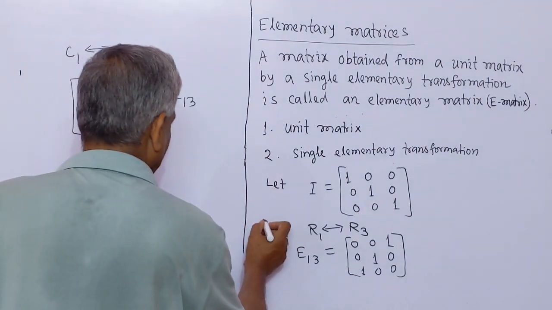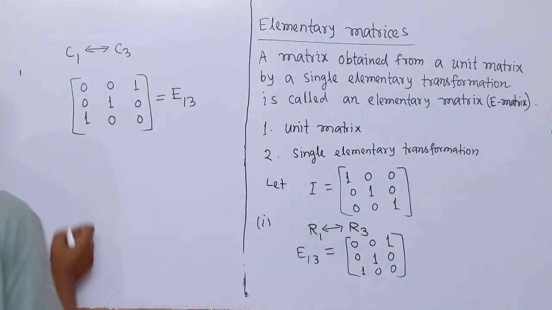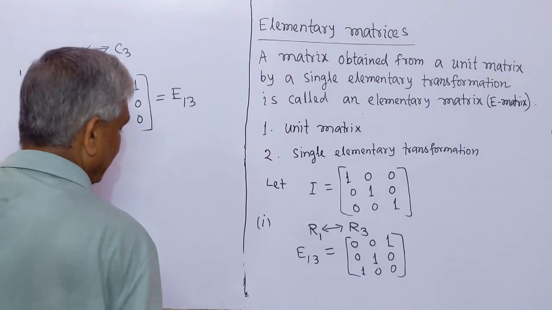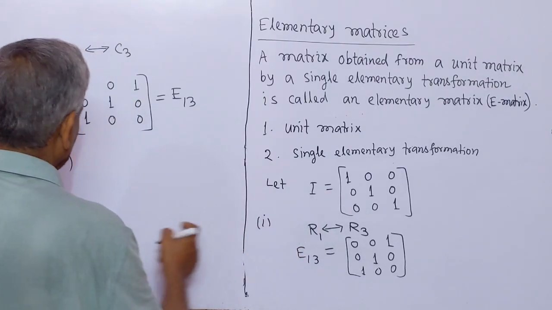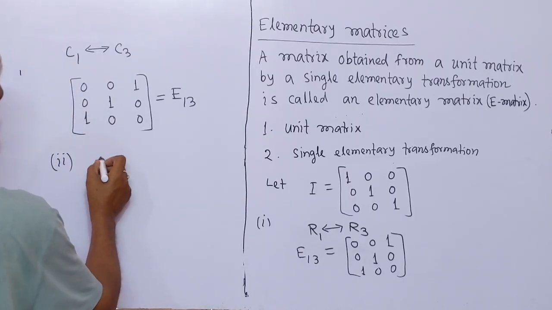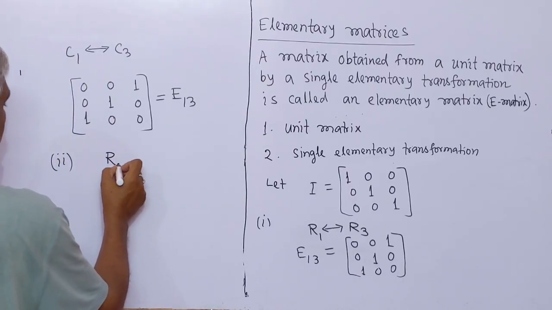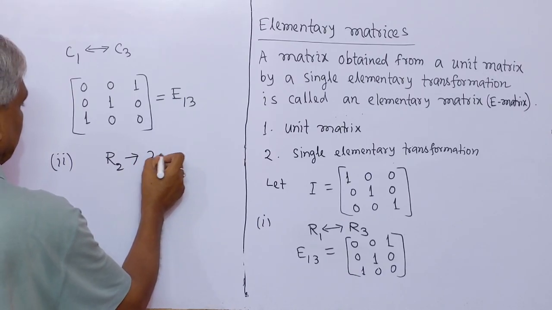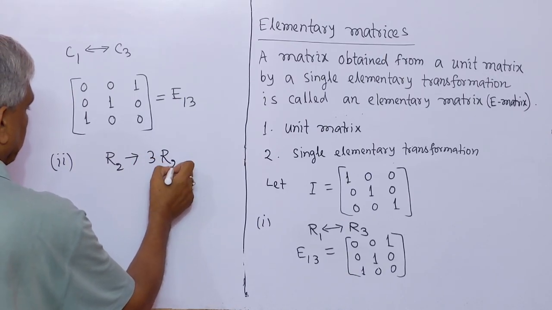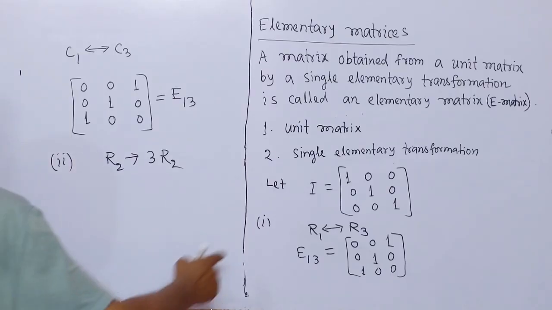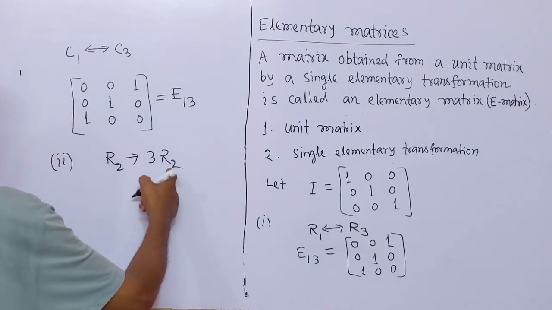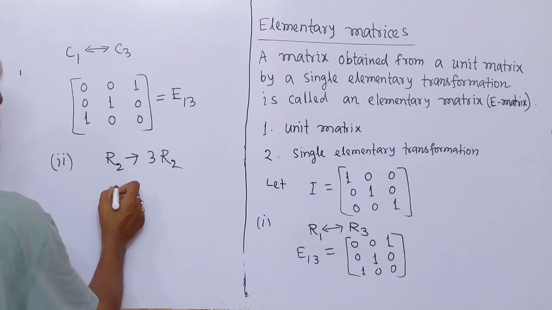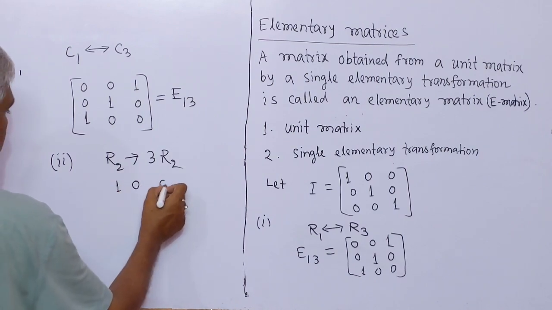This is number 1. Number 2. We multiply row 2 by 3. So here the change is in the second row. We write the first row the same, 1 0 0.